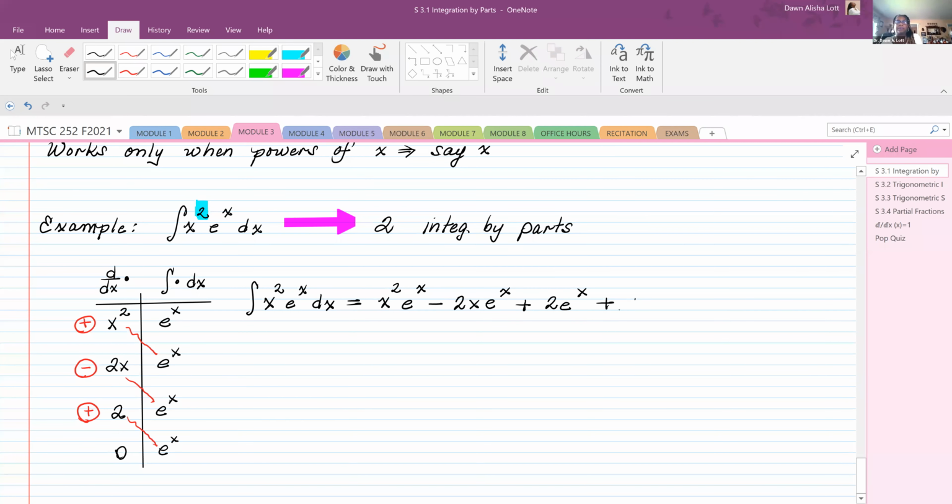So I want to integrate x cubed, the sine of 2x dx. So if I were to do this, this requires 3 integration by parts. I got to take the x cubed, reduce it to an x squared problem. Then I have to take the x squared problem, reduce it to an x problem, and then I'm still integrating something. So I have 3 integration by parts.